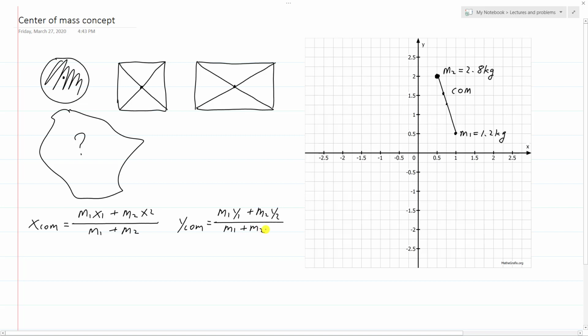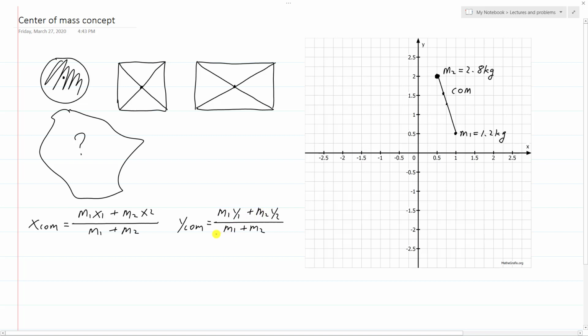So let's analyze the units. On the top you have a mass times a length, same thing for x. So mass times length is kilogram times meter. And on the bottom you have kilograms. So if you divide the units, then you only have meters left. Although mass is involved, its unit is not. It's just the relative quantity.